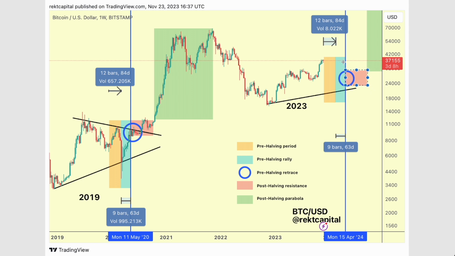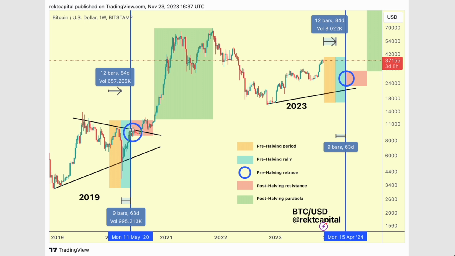Really depends where we see a local top develop, but we've seen reaccumulation phases develop, and we got two here as part of the pre-halving retrace, and then above the pre-halving retrace cluster of price action, as you can see here. So this is one range, and then Bitcoin develops another range just on top of that range.